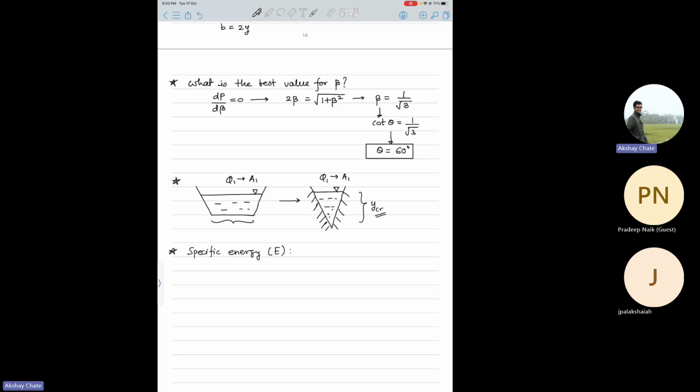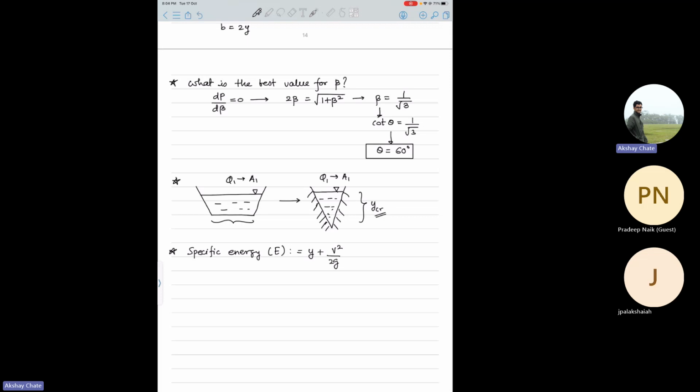Specific energy is defined as the summation of the potential head, or depth of the channel, and the velocity head, from the average velocity over the cross-sectional area. We generally neglect the datum because it will be the same for all channels since they have very small slopes.